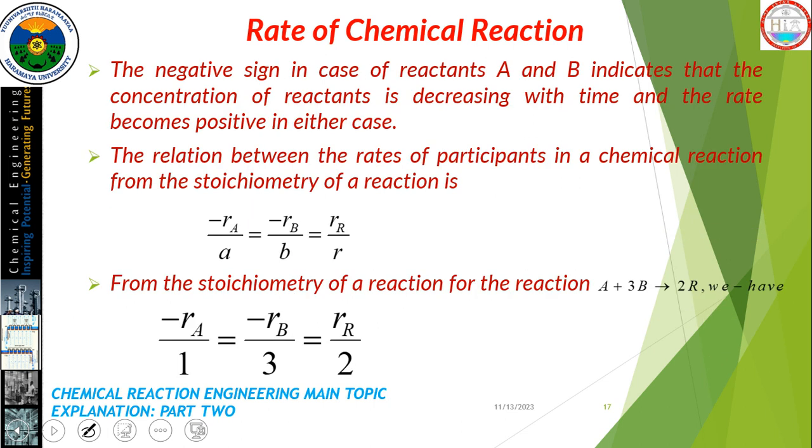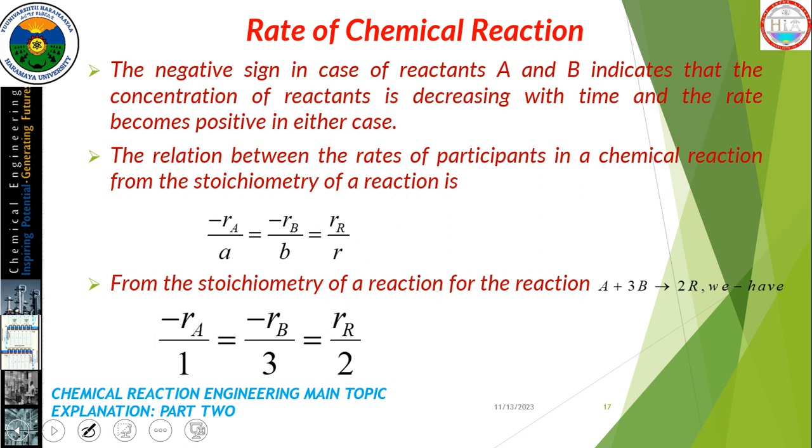So from the above, the negative sign in the case of a reactant indicates that the concentration of the reactant is decreasing with time. Concentration with respect to time is increasing for the product and decreasing for the reactant.